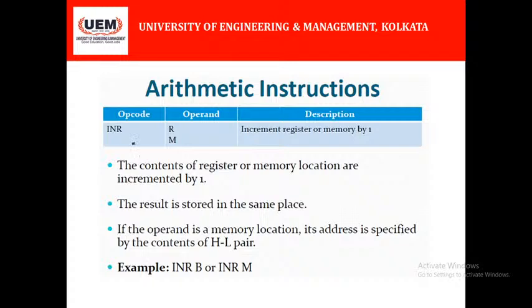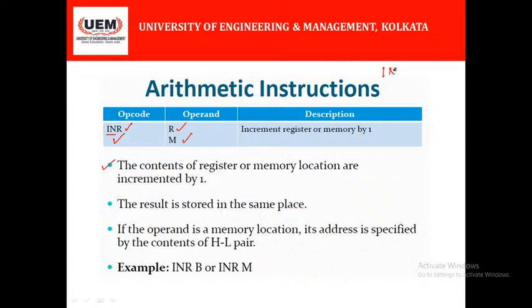After this we can explain the INR instruction, INR R and INR M. IN stands for increment, R for register. So INR R: this instruction increments the register or memory by 1. So the content of the register or memory location is incremented by 1 in this case.